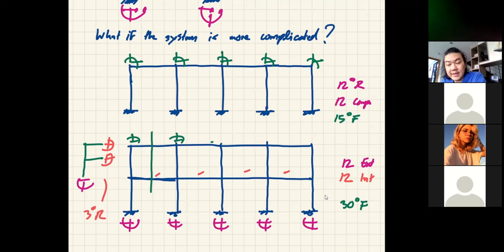Okay, and ladies and gentlemen, what you will learn in this class predominantly is the displacement method. We are going to solve these displacements. So you better be able to identify degrees of freedom correctly from the beginning. Failure to identify degrees of freedom from the beginning to solve the structure is fatal.